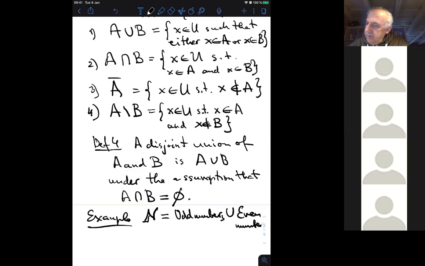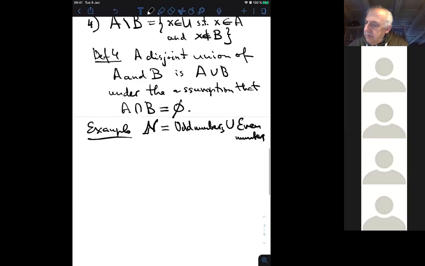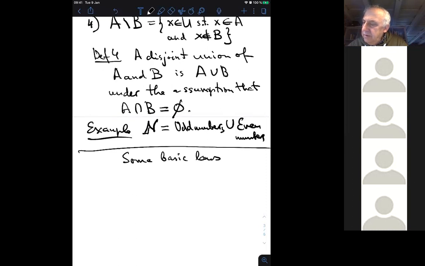Some basic laws of set theory. Okay, the first one is the double complement is the set itself.